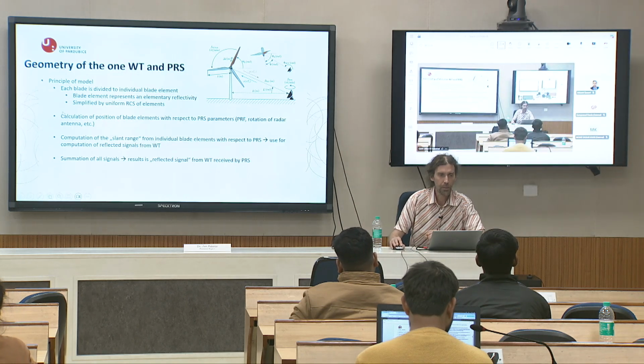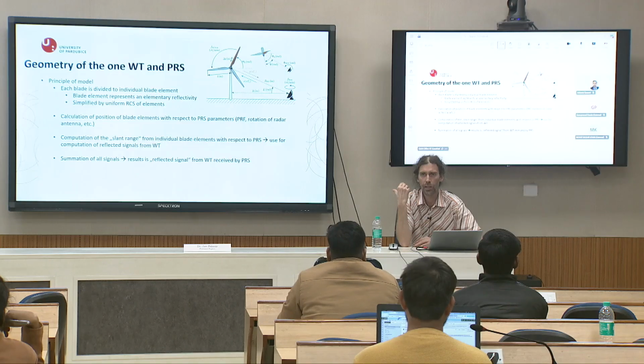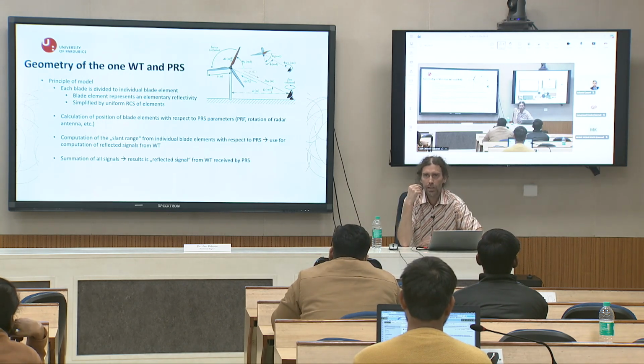It is a simplification of uniform RCS of these elements, because we need to do it. And it is a tube, it is definitely not the shape of the blade, because it is not possible to recompute. I can't even imagine how I would do it in MATLAB, because if I were modeling this one, it could only be through RCS. So if I get this RCS, okay, why not?